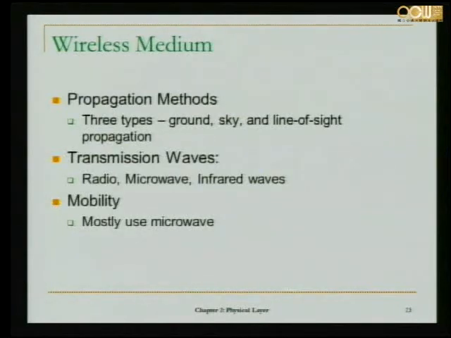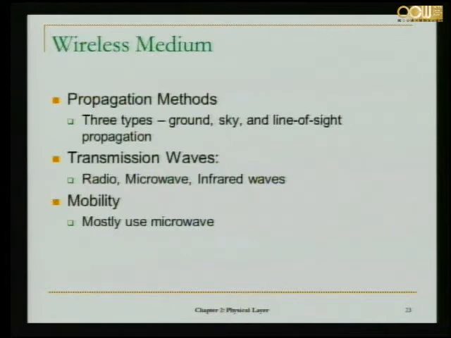So three kinds within this spectrum, depending on the frequency. And they can also propagate in three kinds of propagation method. One is the ground propagation, and sky propagation, and line of sight.